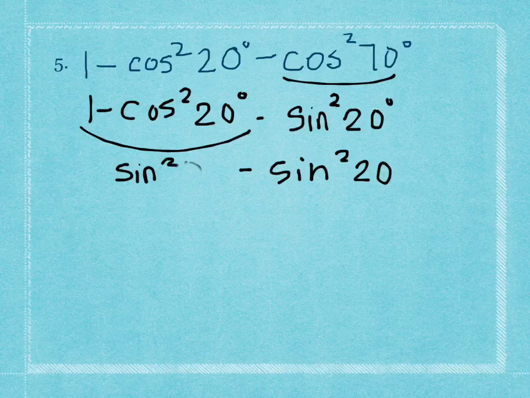And if we replace that first piece in that way, what is, oh, I put a theta when I did it over here instead of a 20. Sorry about that. So I've got sine squared of 20 minus sine squared of 20, and again it's going to equal 0. The one other thing that you could do at this point, if you wanted to, you could factor a negative out. Okay, that's another option.